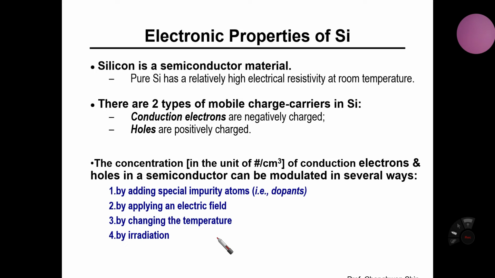So people have developed and claimed that there exist two different types of mobile, again, mobile, not immobile, charge carriers in silicon material. What are those? Conduction electrons and holes. Is a conduction electron quite different from an electron? In some sense, yes. What is the main difference?